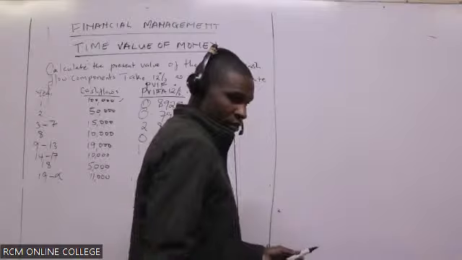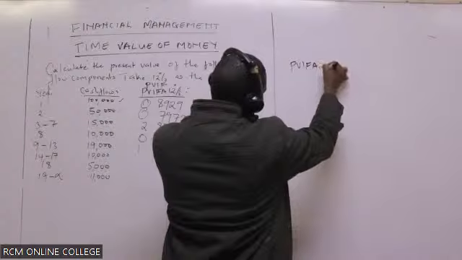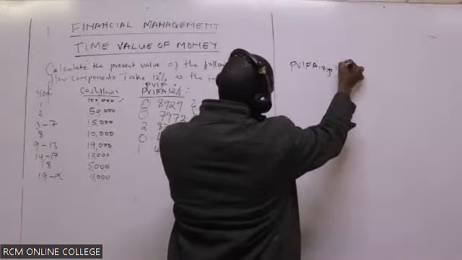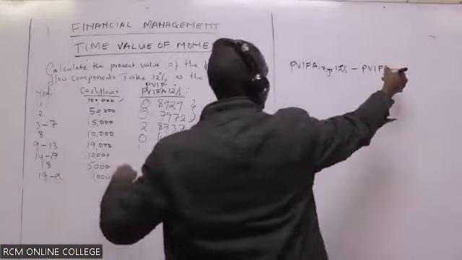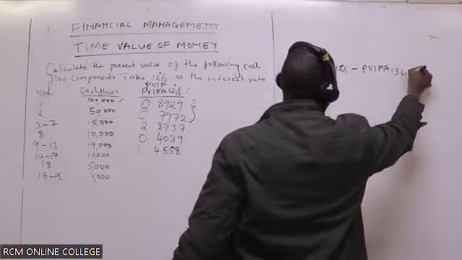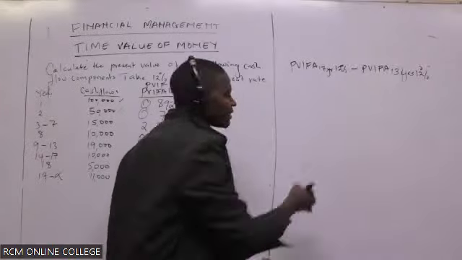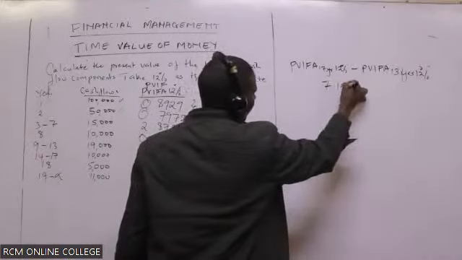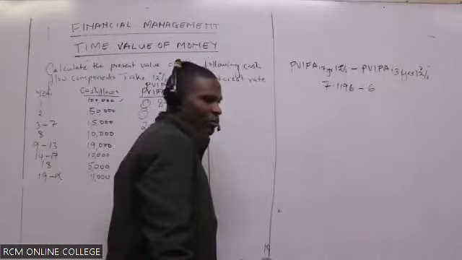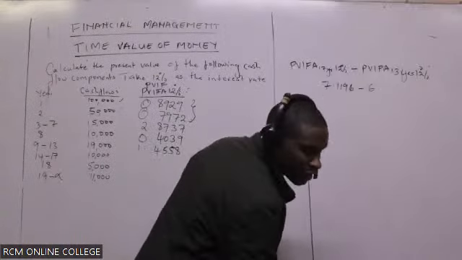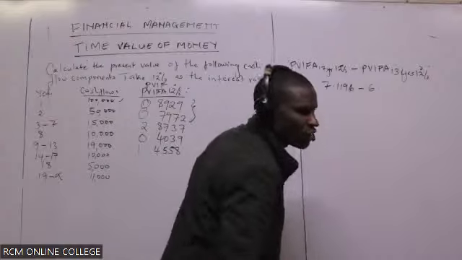So it will be like this. PV for 17 years at 12% minus PV for 13 years at 12%. The 17 years is given as 7.1196, minus what I had here, 6.4235.